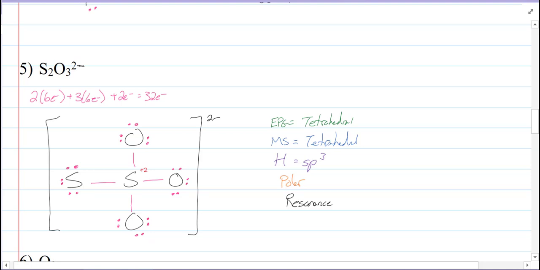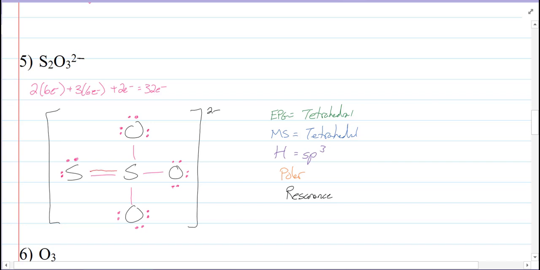If I double bond the sulfur here, now this sulfur has no formal charge. So sulfur still has a plus 1 formal charge, and minus 1 for all the oxygens.